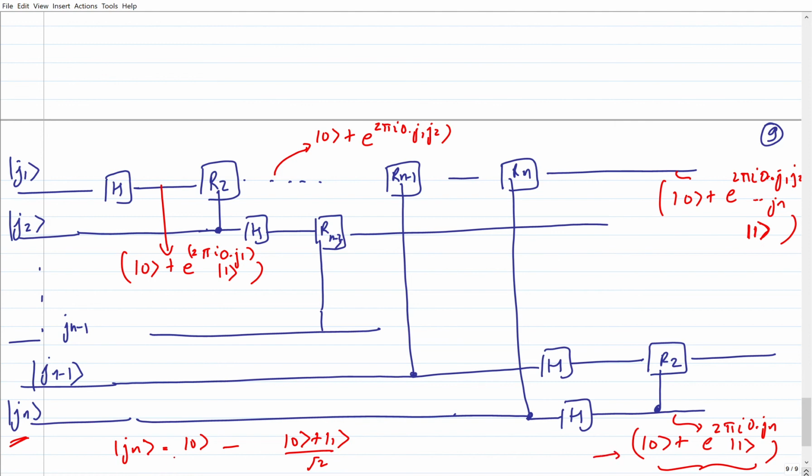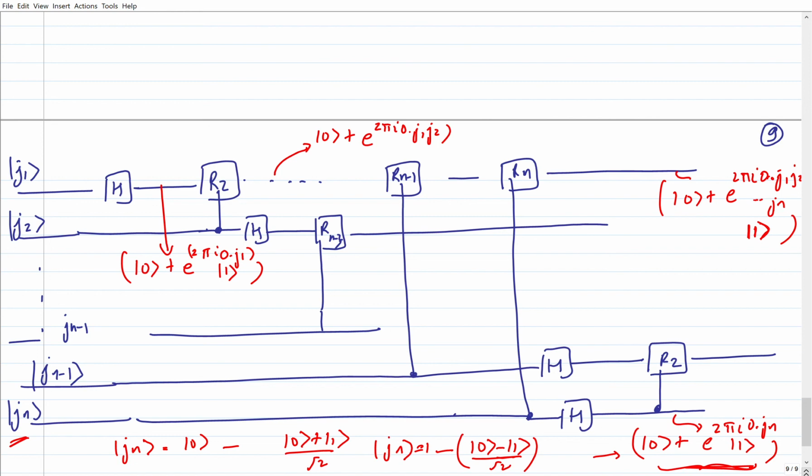And if jn is 1, this gives me this guy. So this is just the Hadamard operator doing this. So this is what I have represented through this particular technology over here. So this is the circuit for the quantum Fourier transform.